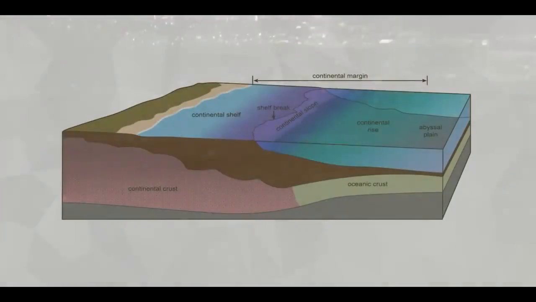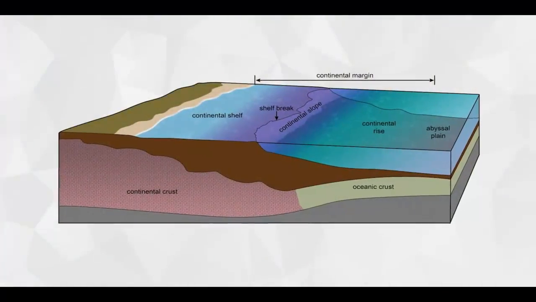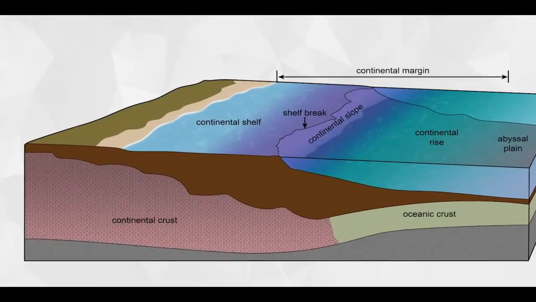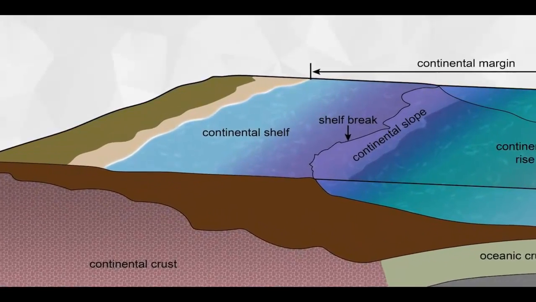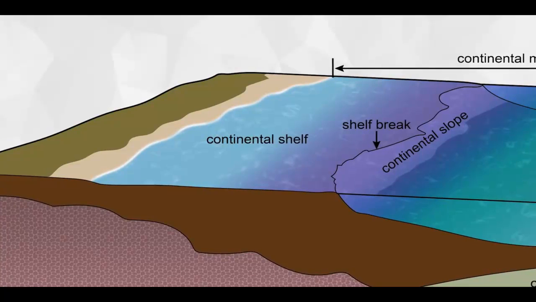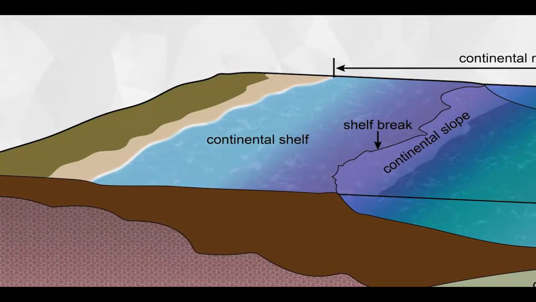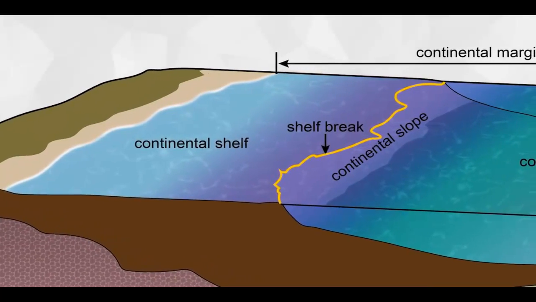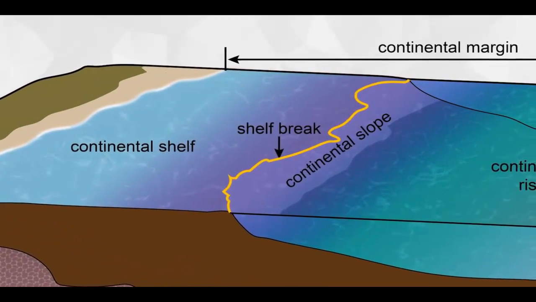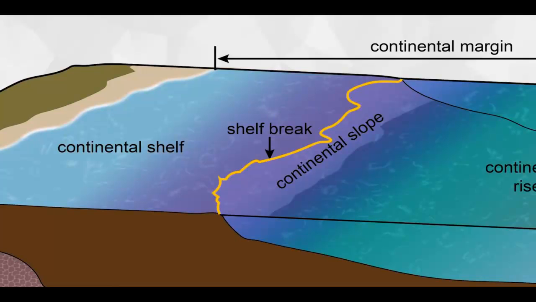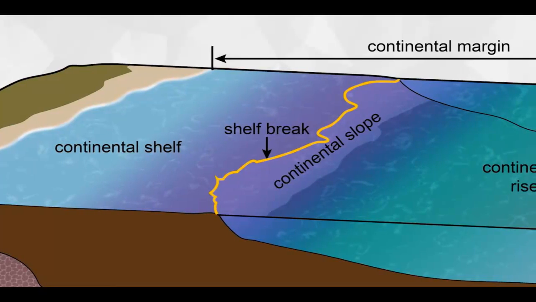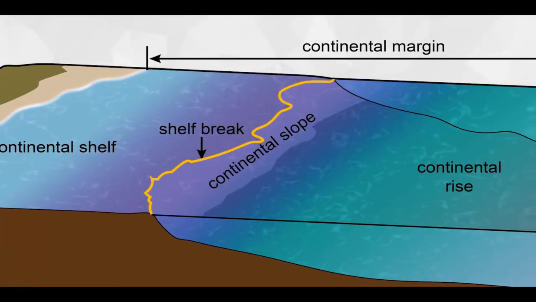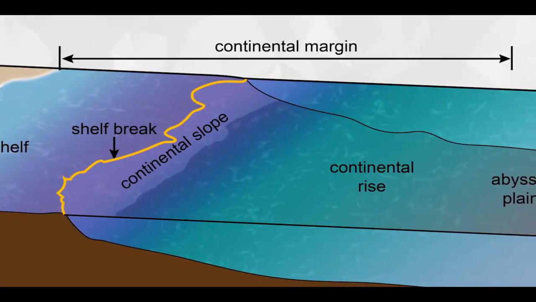The portion of the continent that is underwater is called the continental shelf. When you wade out into the ocean, you are standing on the continental shelf. At the edge of the continental shelf, a sudden increase occurs in the depth. This marks the beginning of the continental slope. Once the rate of descent decreases again, the continental rise begins.